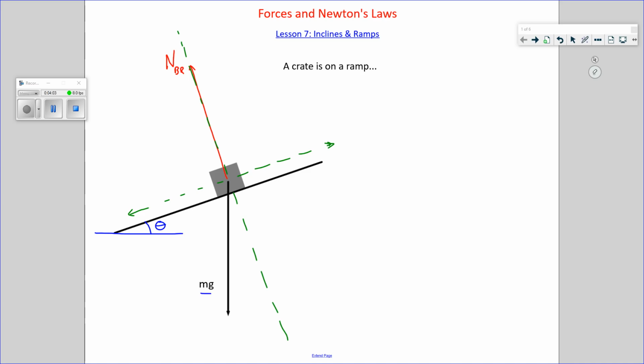Other nice thing is that, if you imagine a frictional force, it's going to be parallel to this surface, so that'll point in one of our coordinate directions. Normal forces by definition are perpendicular to surfaces, and one of our axes is perpendicular to the surface, so normal force is along an axis. mg is off axis. mg has components that point both perpendicular and parallel to the incline.